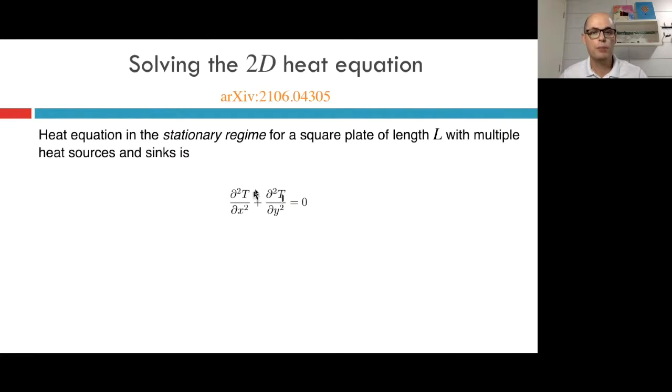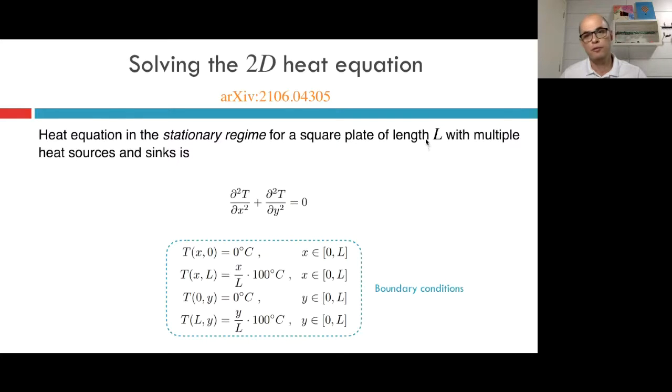So this is the heat equation in the stationary regime for a square plate of side length L with multiple heat sources and sinks. This is the equation, and these are the boundary conditions. Our goal here is to discover the temperature at each point of our plate. You can find this work following this arXiv code.